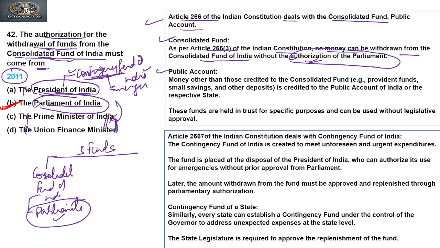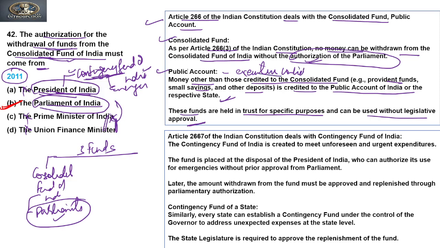Public Account: money other than that credited to the Consolidated Fund, for example Provident Fund, small savings and other deposits, is credited to the Public Account of India or the respective state. So there is a Public Account of the state also. These funds are held in trust for specific purposes and can be used without legislative approval.